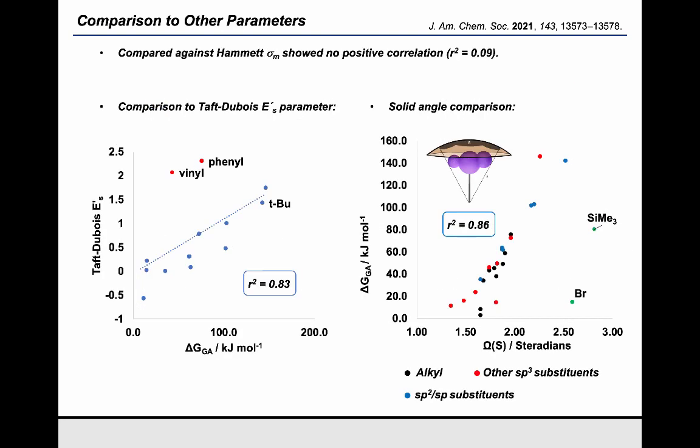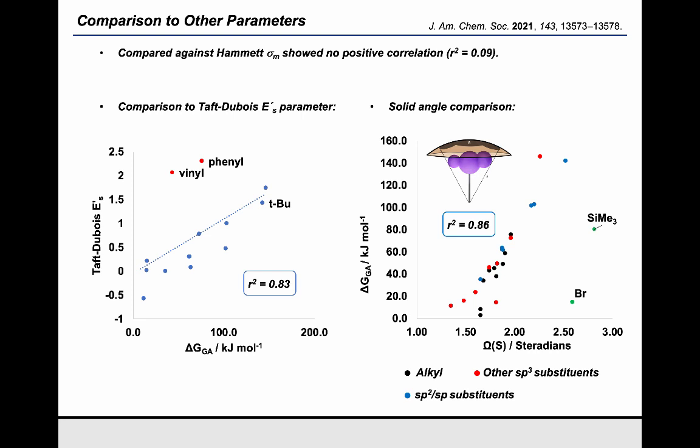Of course, we wanted to be sure that our new parameter was purely steric in nature, and so we looked for electronic effects. We compared our delta G values against Hammett sigma m parameter data, and we saw no positive correlation, which tells us that there are no electronic factors that play into our steric parameter. We also compared our data against a range of other steric parameters.